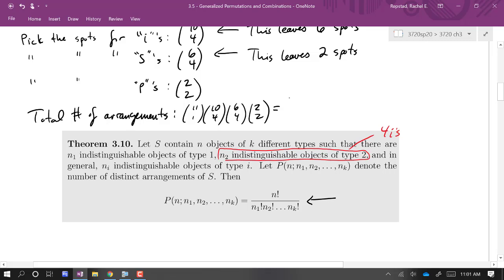So I've got 11 factorial over 1 factorial, 10 factorial, times 10 factorial over 4 factorial, 6 factorial. I'm just using the combination formulas here. And then 6 factorial over 4 factorial, 2 factorial, times 2 factorial over 0 factorial, 2 factorial.